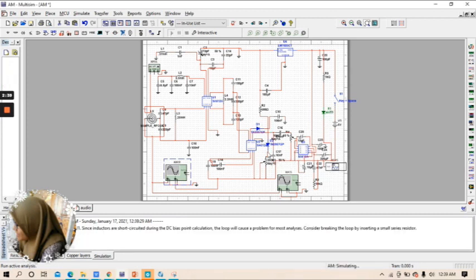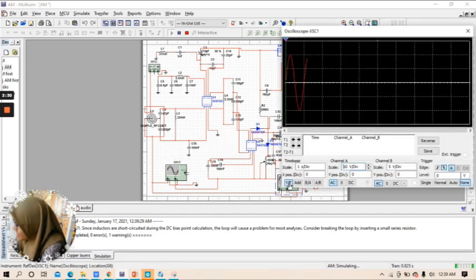When I simulate this complete AM receiver, we can see the first simulation at the first oscilloscope.